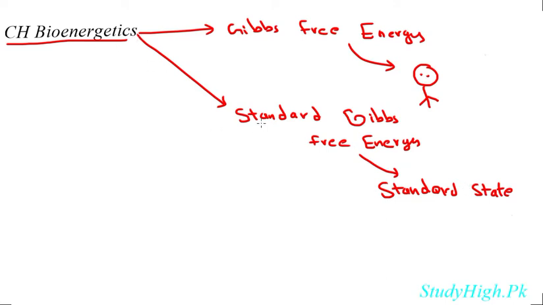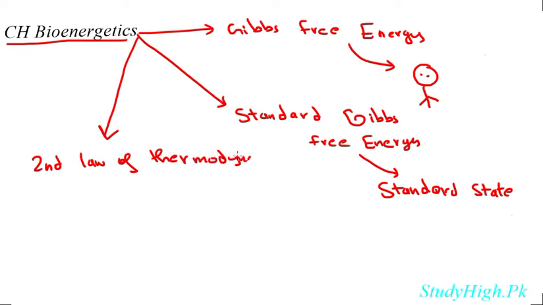We will also calculate standard Gibbs free energy from Gibbs free energy formulas, and another important thing I will explain is the relation of Gibbs free energy with the second law of thermodynamics. The second law of thermodynamics uses the concept of entropy, and this concept will also help you in understanding the Gibbs free energy. So let's start today's lecture.